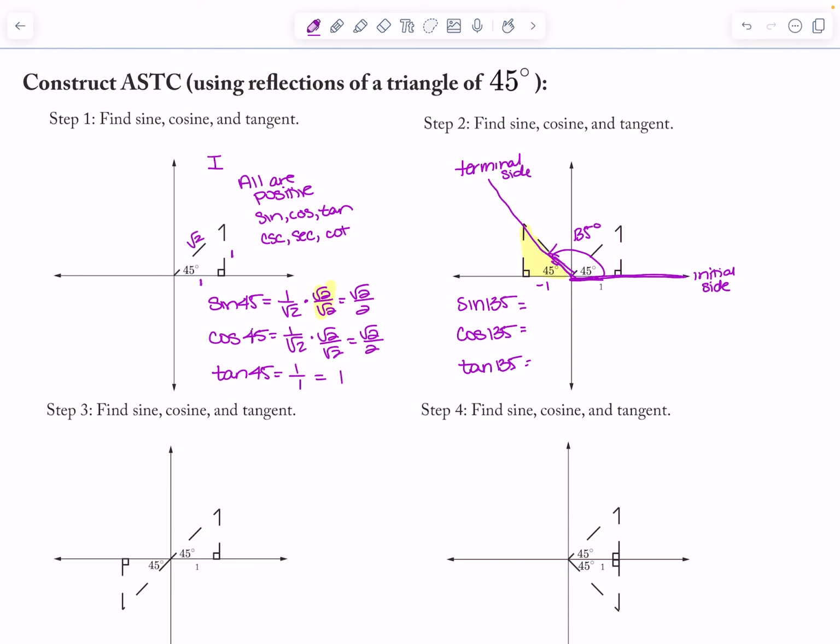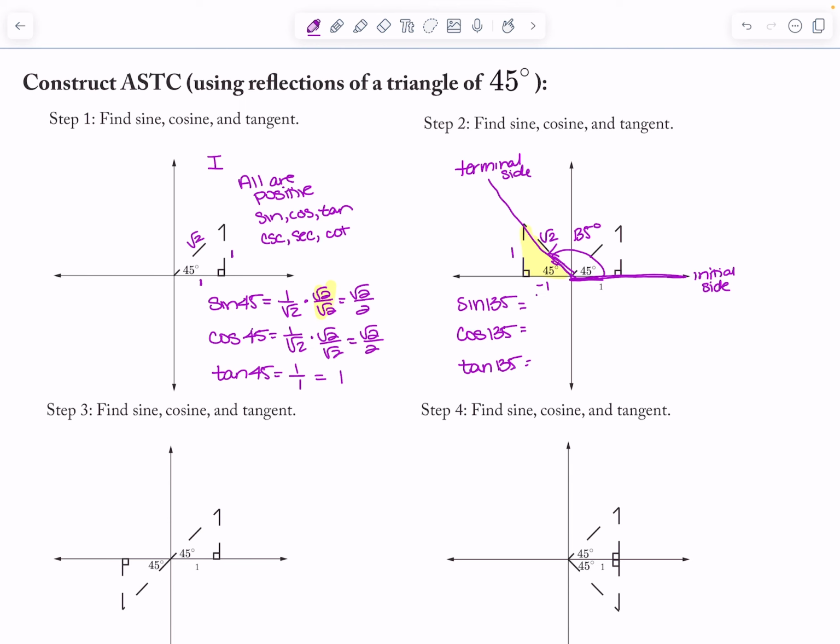Okay, so when I'm looking at this, I am -1 along my x-axis. I am +1 along my vertical line here, and then I'm a positive √2. Regardless of whether or not I have positive or negative side lengths of my triangle, I will always have a positive hypotenuse because of the Pythagorean theorem.